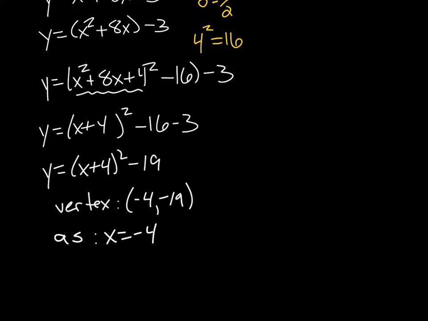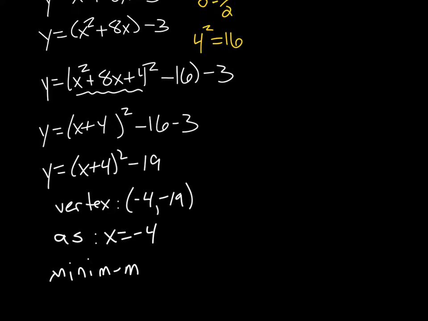Is this vertex a minimum or a maximum? How do you know? It is a minimum. How do we know? I know the squared has something to do with it. Since the 4 is positive, it opens up. That's not why it opens up, but you're on the right track. Something needs to be positive.